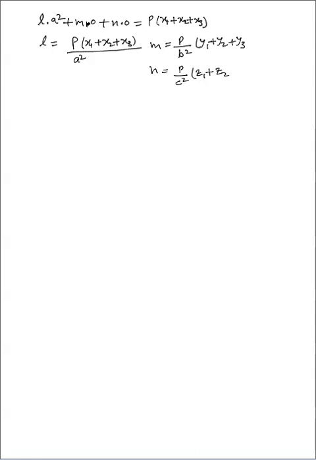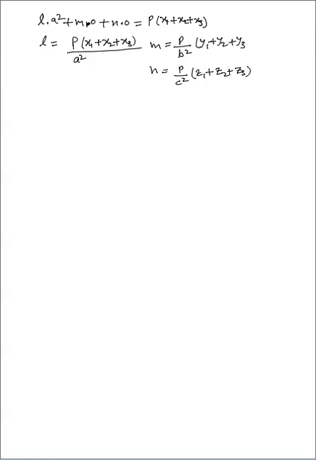It gives L is equal to P times x1 plus x2 plus x3 upon a square, and M is equal to P upon b square times y1 plus y2 plus y3, and N is equal to P upon c square times z1 plus z2 plus z3.